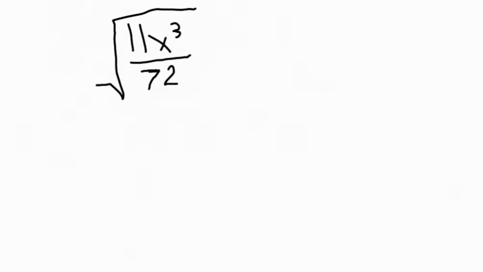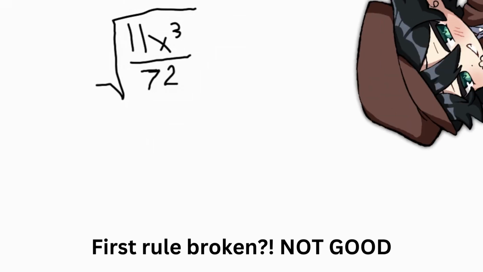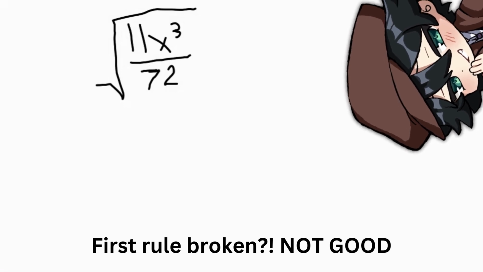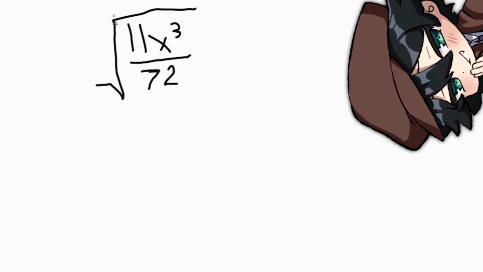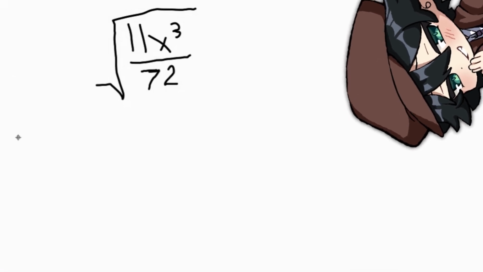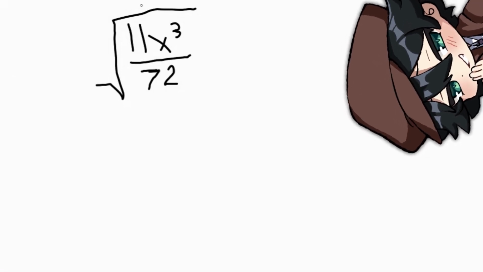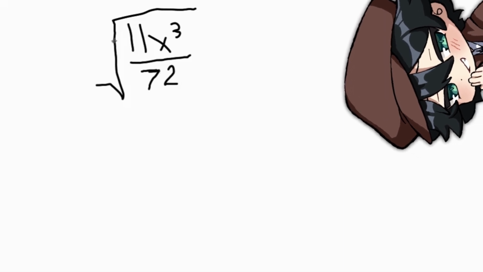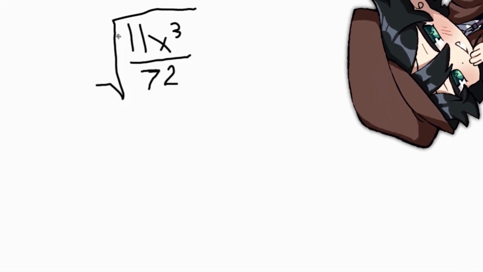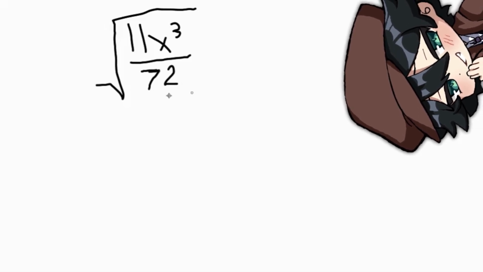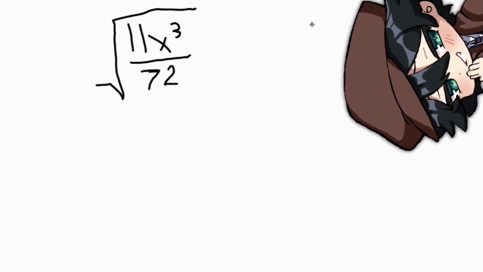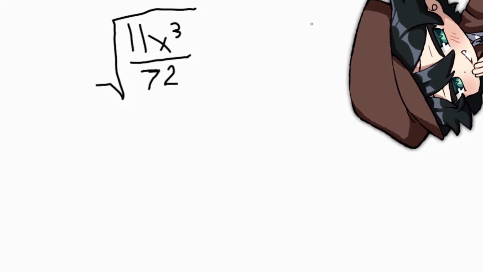So this is not good, and more specifically, it's breaking our first rule. The entire equation should not be inside the radical. If anything, it should be 11x over 3, which is inside the radical, but it's not. Instead, we have this whole equation, and that breaks one of our math rules, of course.